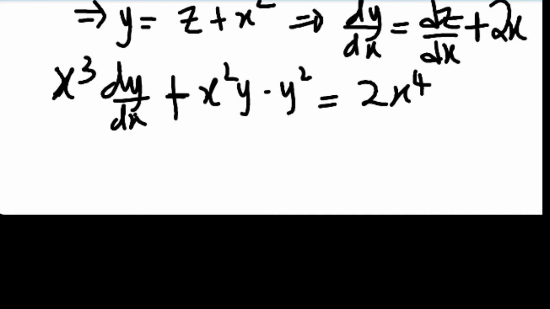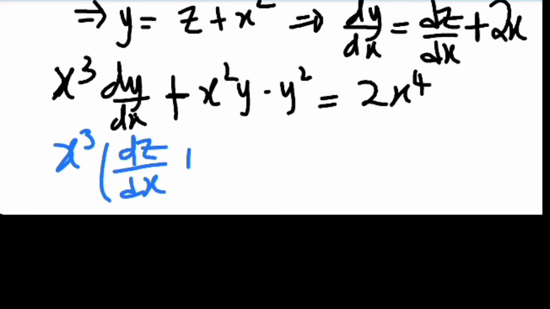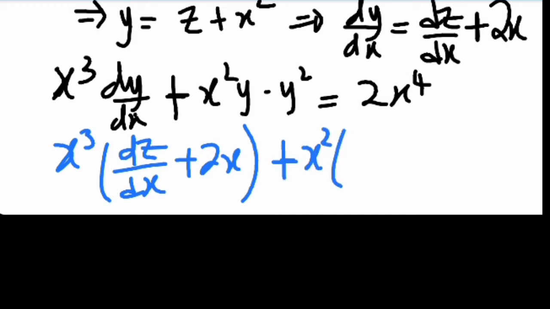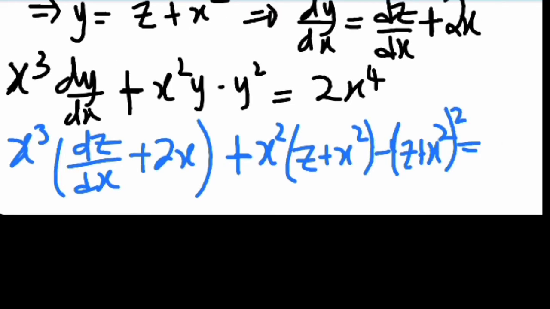So that gives us x cubed dz by dx plus 2x plus x squared. I'm seeing y now, so I substitute z plus x squared, minus y squared, which is z plus x squared all squared, is equal to 2x raised to power 4.